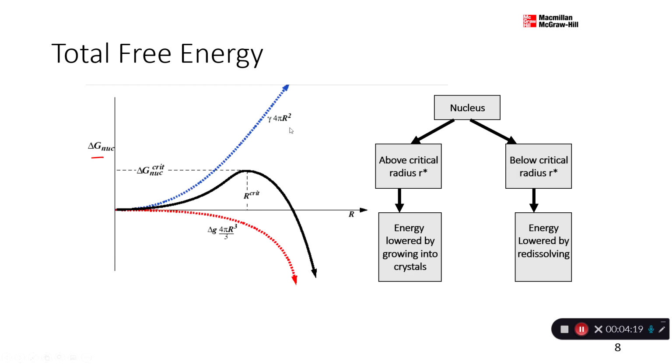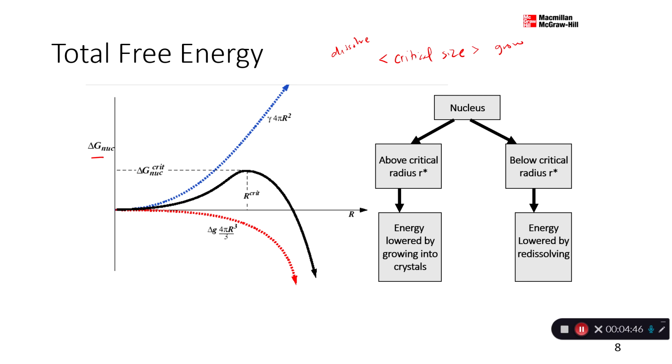Two things can happen during nucleation, related to the critical size. If it's smaller than the critical size, it will dissolve. If it's bigger than the critical size, the nucleus will grow into crystals.